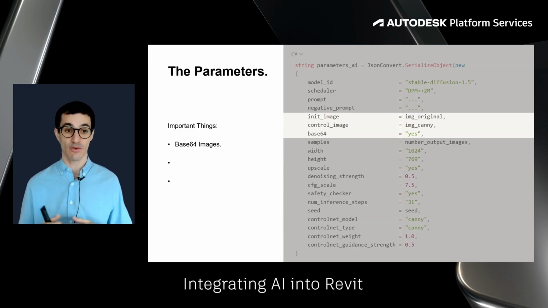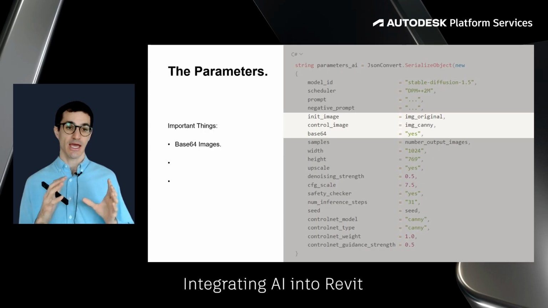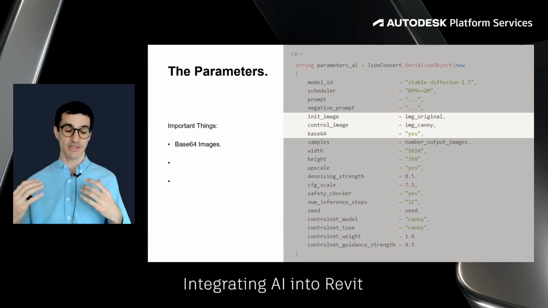The faster and more convenient way that I found was using base64 encoding. Base64 encoding converts an image into a really long string of text that can be injected straight into the request. So when the AI receives the request, it can start processing the image straight away. The resource is already there.